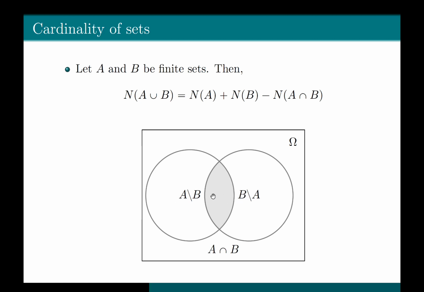And we know the property when the sets are disjoint, the cardinality of their union is equal to the addition of the cardinality of the individual sets.